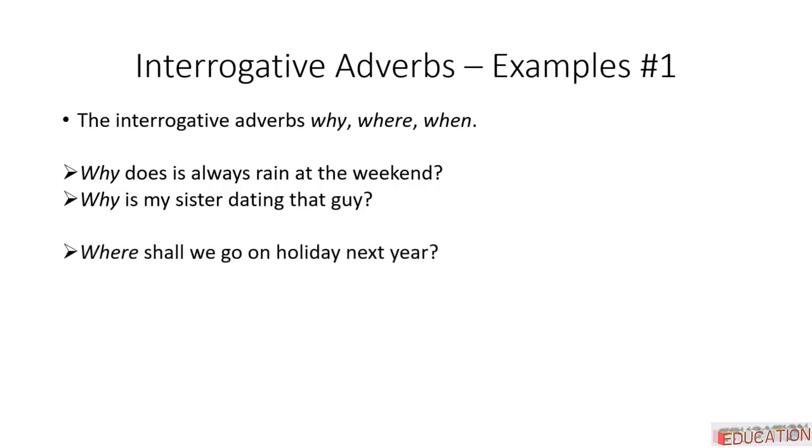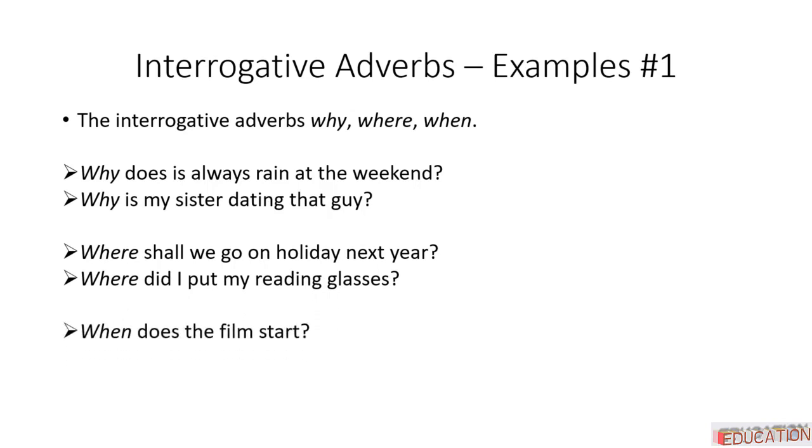Where shall we go on holiday next year? Where did I put my reading glasses? When does the film start? When are your parents arriving? And in all cases, as you can see, these are all questions and so have a question mark at the end.